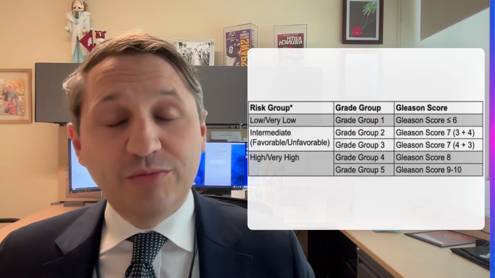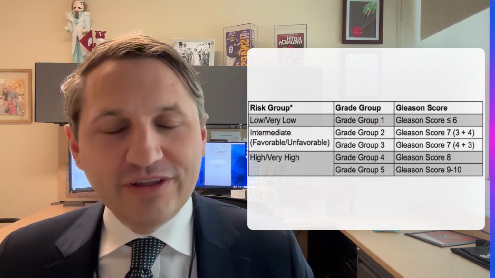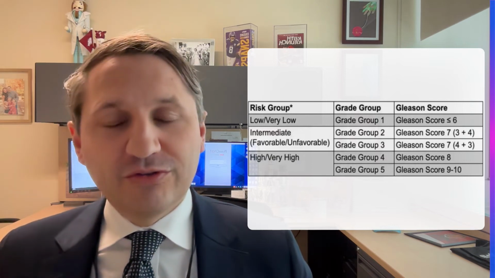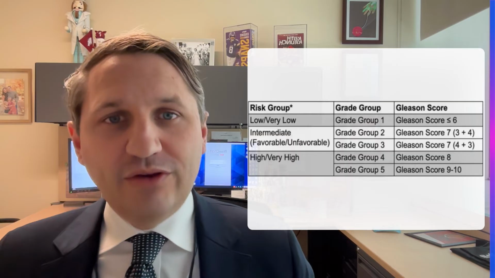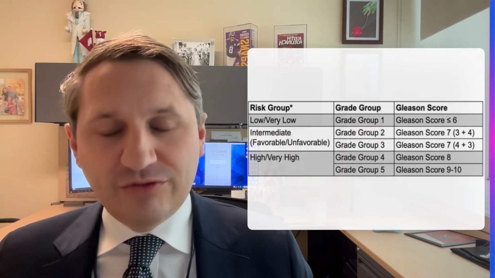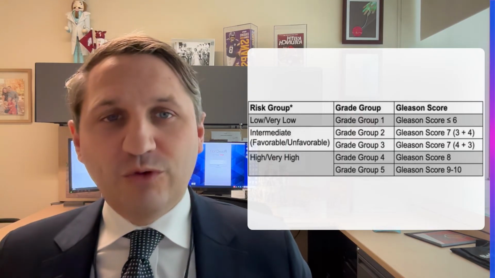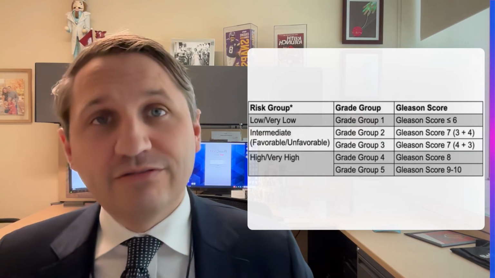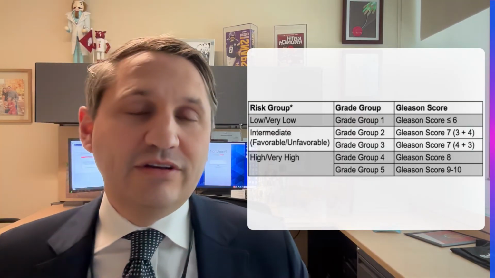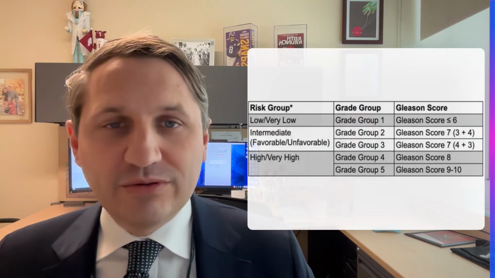Gleason 3+4 disease is different than Gleason 4+3, even though both equal 7. 3+4 disease is in grade group 2, 4+3 disease is in grade group 3. The reason why is because in 4+3 disease, the pattern 4, or the more aggressive pattern within the prostate, is more common there, and therefore it gets a higher grade group.